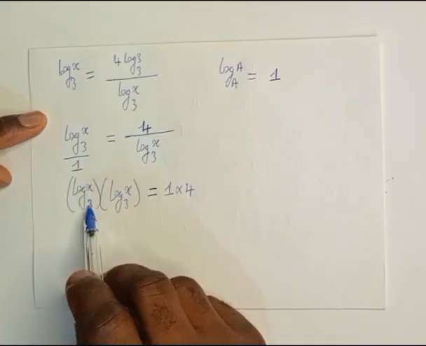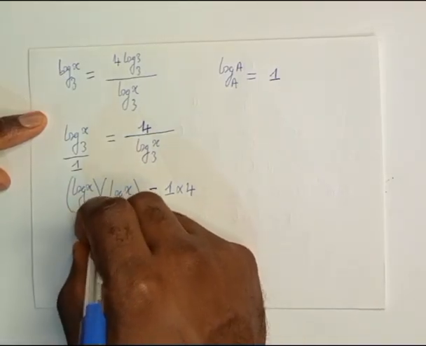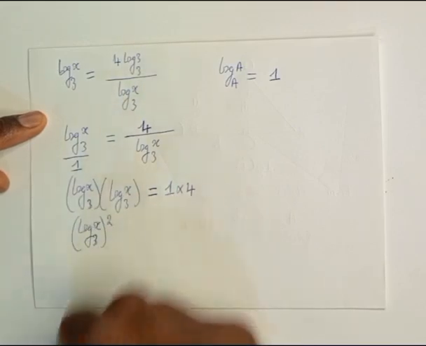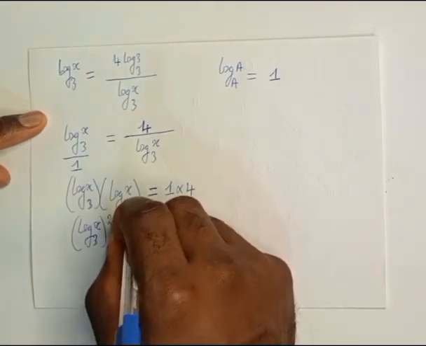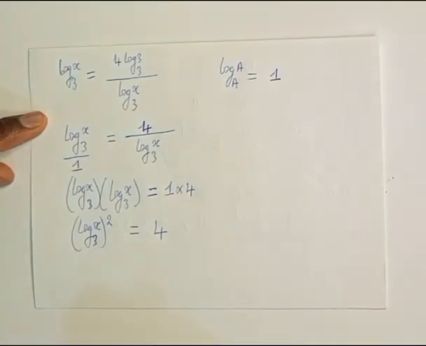Log x base 3 times log x base 3 gives us log x base 3 all squared is equal to 1 times 4, which is 4.